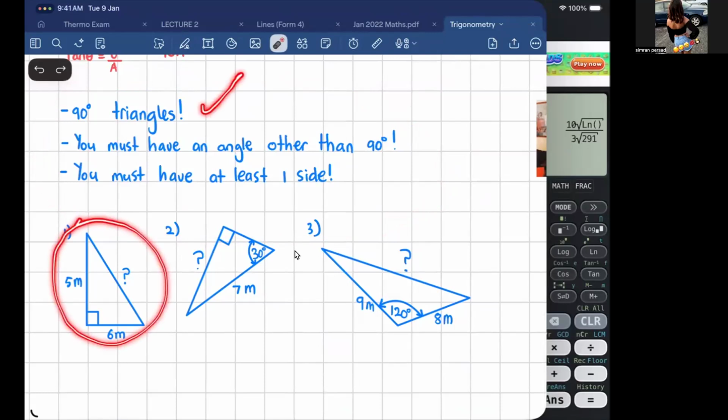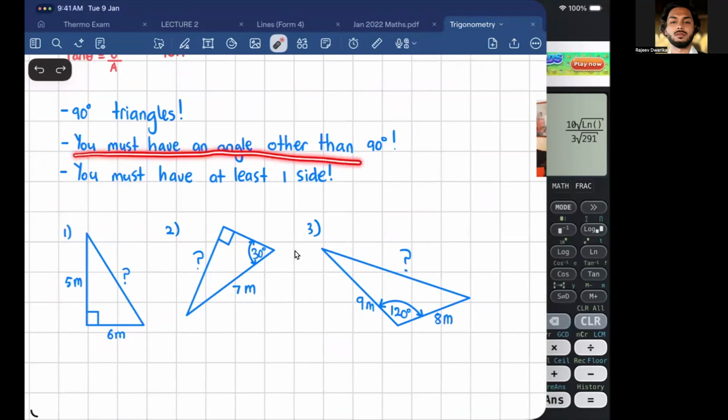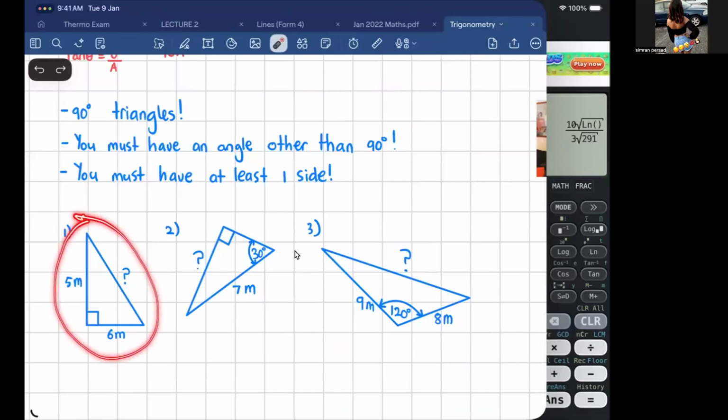Okay, what about the second condition? It doesn't have any other angles, does it? No. So can we use trig ratios for this? No.